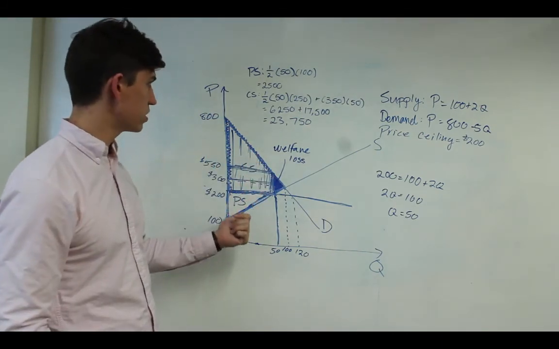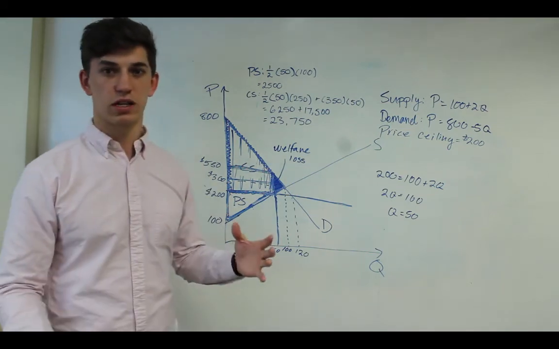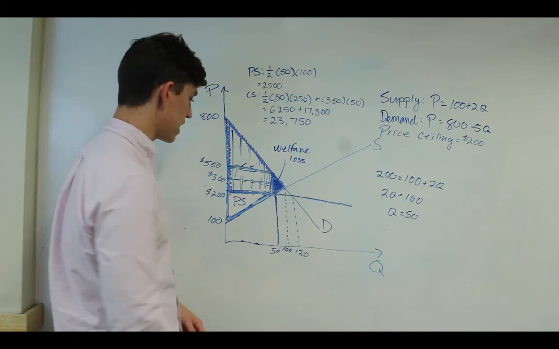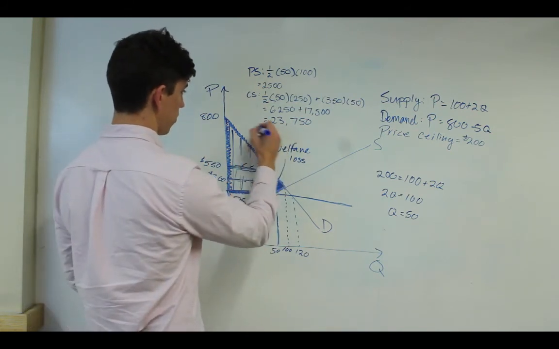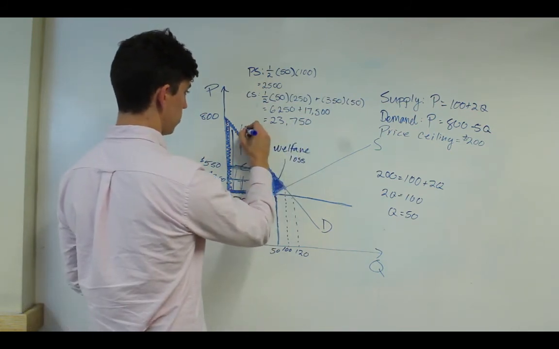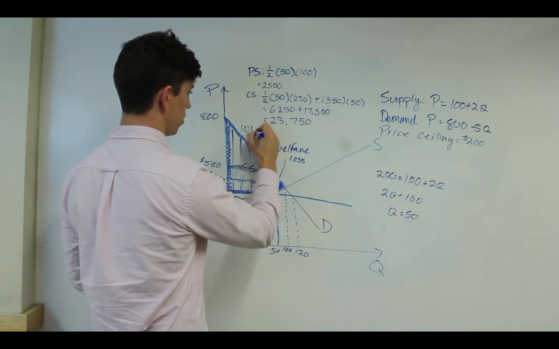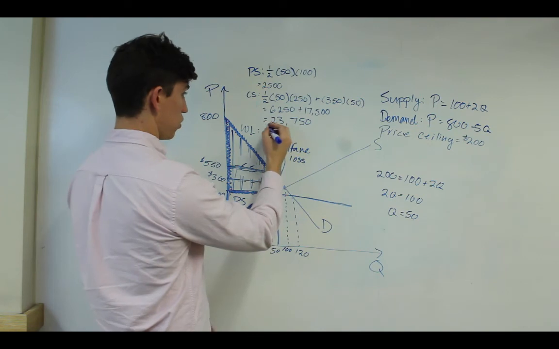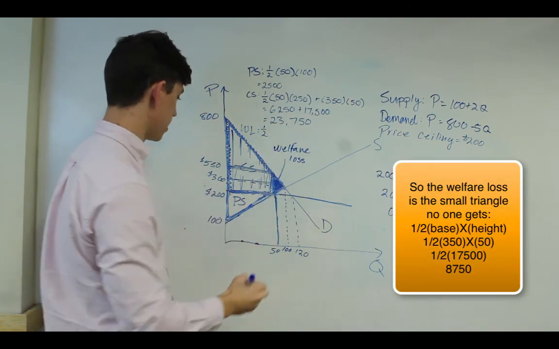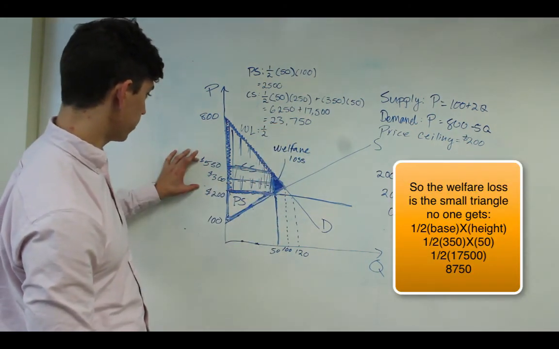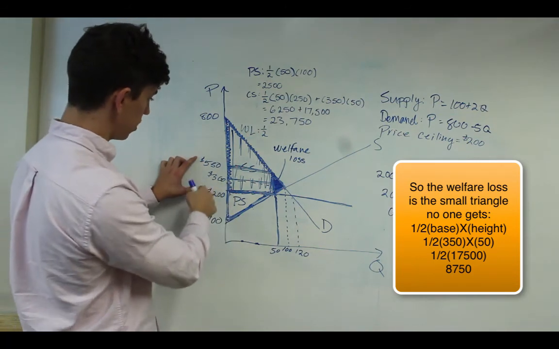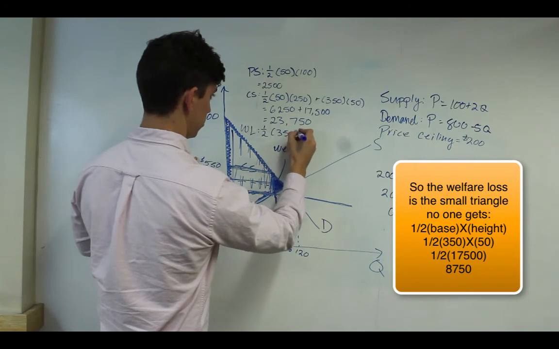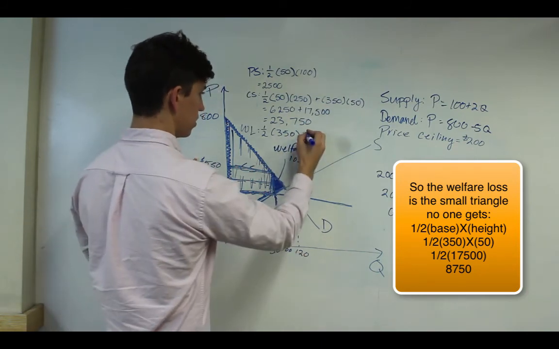Producer surplus decreased, but the overall surplus in the economy decreased, and that's by exactly this triangle here. And that's going to be the deadweight loss or the welfare loss. I'll call it welfare loss, is this area, this triangle here, which is 1/2 times 350, which is this base here, times height, which is 50.